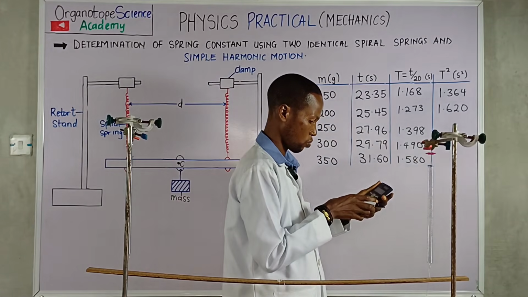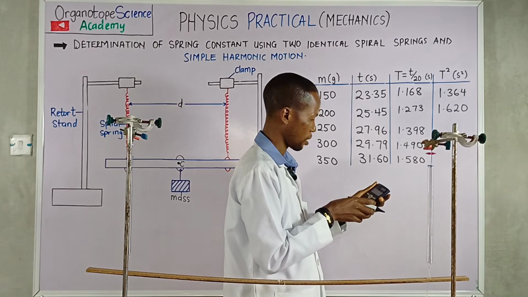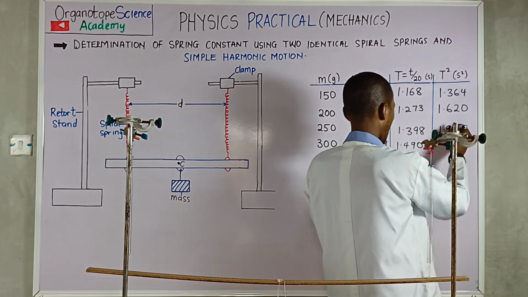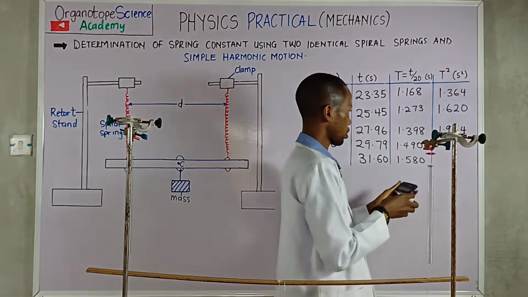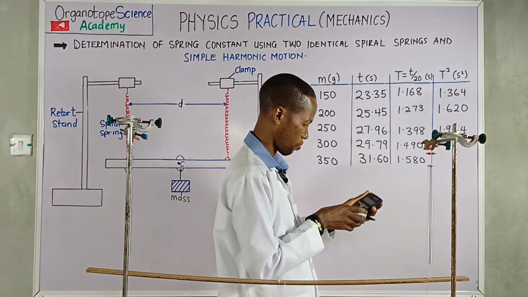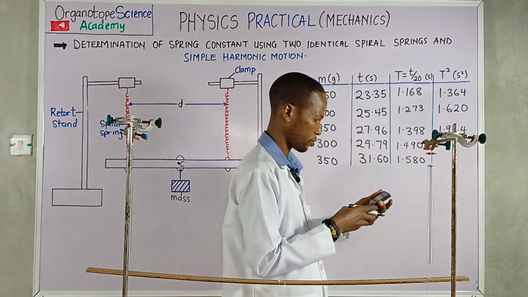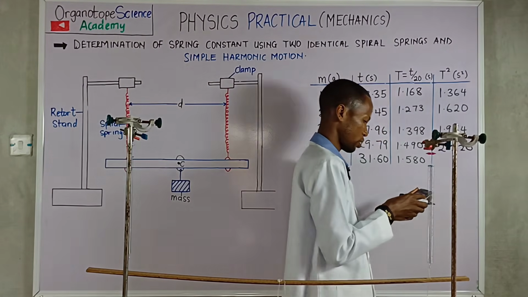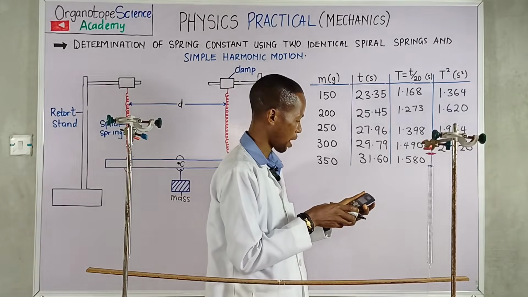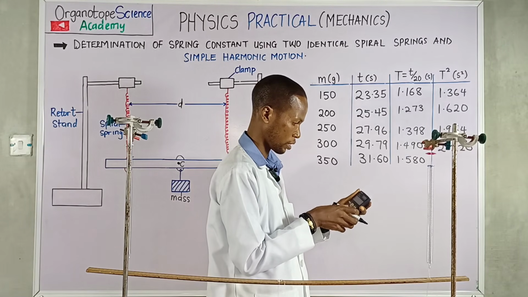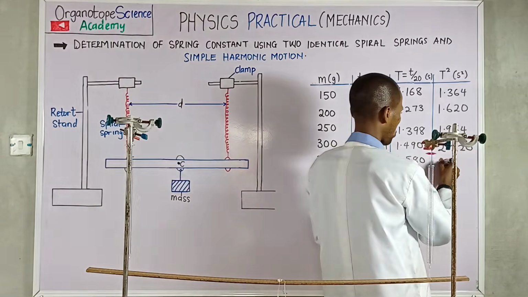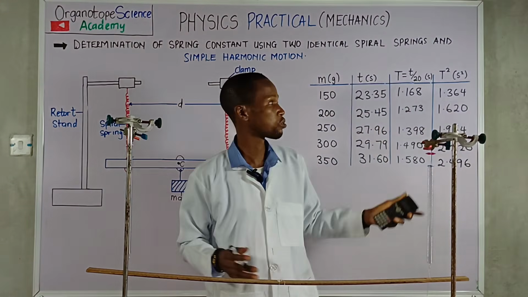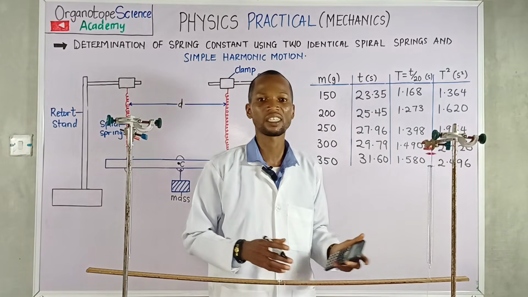And the next one, 1.398 squared, that will give 1.954. For the next one, 1.490 squared, we have 2.220. Next, 1.580 squared, we have 2.496. Okay, so we've been able to record the value of t squared to 3 decimal places.